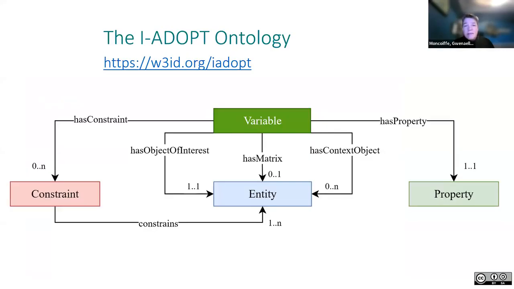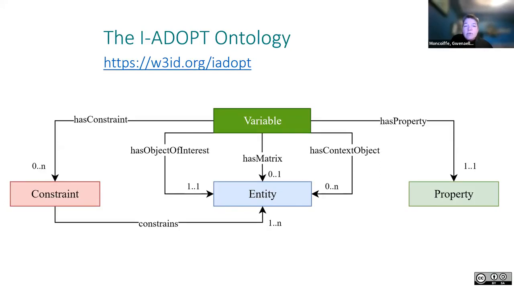But I'll go to the next diagram that is a little bit easier to understand. So at the top level, you've got the variable. The variable is a complex concept that is composed of at least, and only, one property. So only one measured property should be associated with that variable.